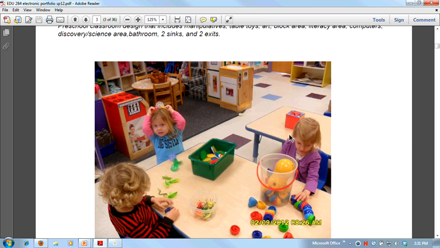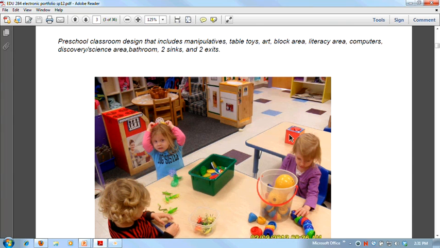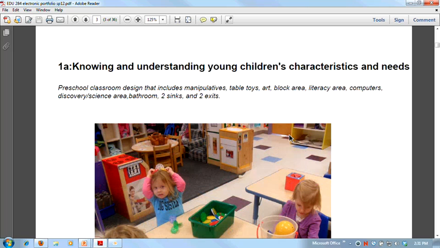She was really fortunate because this supervising teacher allowed her to arrange a classroom so she could see, you know what, I did this on paper. Does this work in the real world? And here's a picture of some beautiful children playing at the table in the classroom.